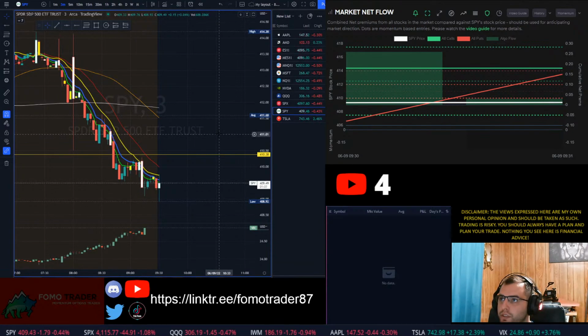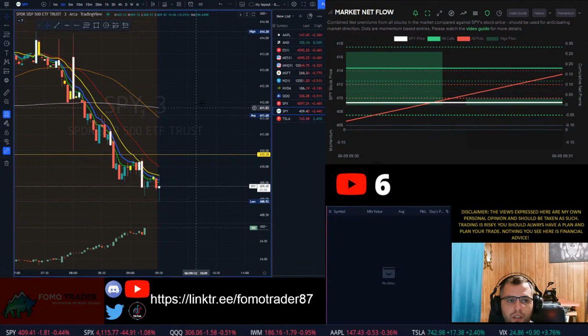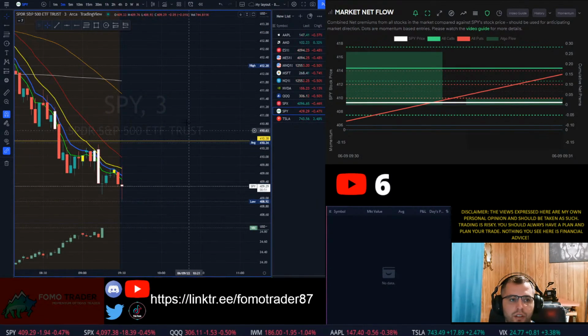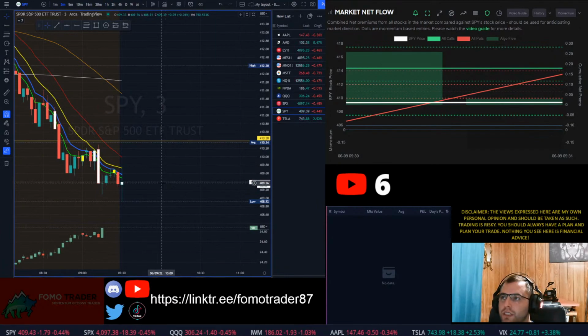Good morning if you just joined the stream. The market just opened. We are waiting for our first 3-minute candle to close on SPY, and then we are going to try an opening range breakout because we are opening below yesterday's low. So lots of indecision in this first candle so far.